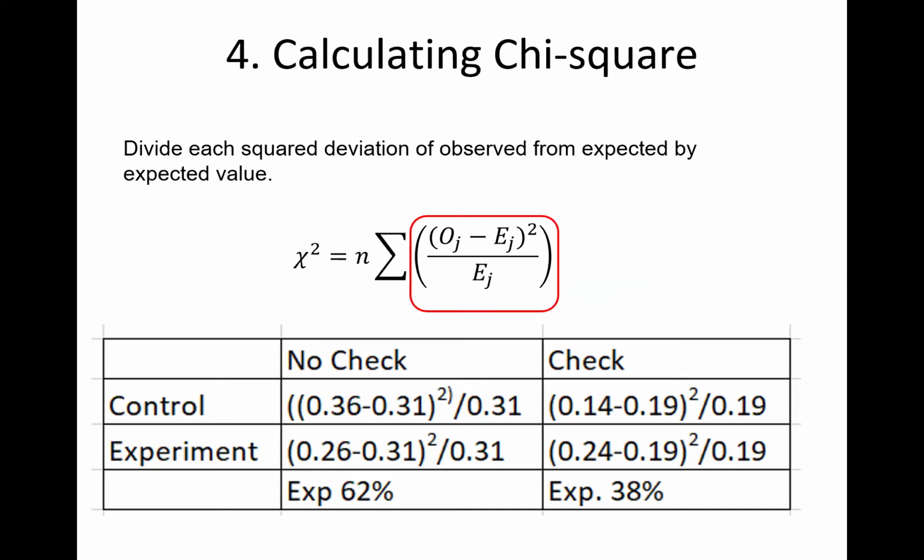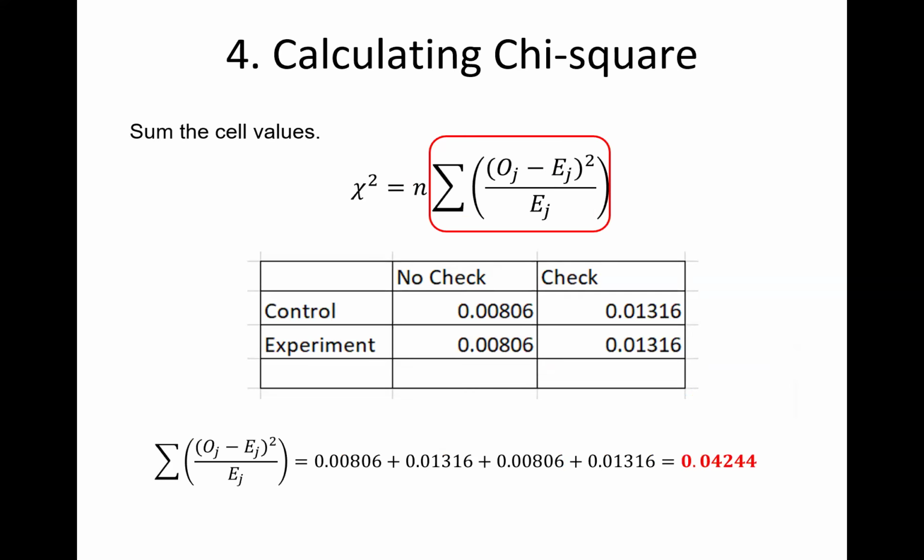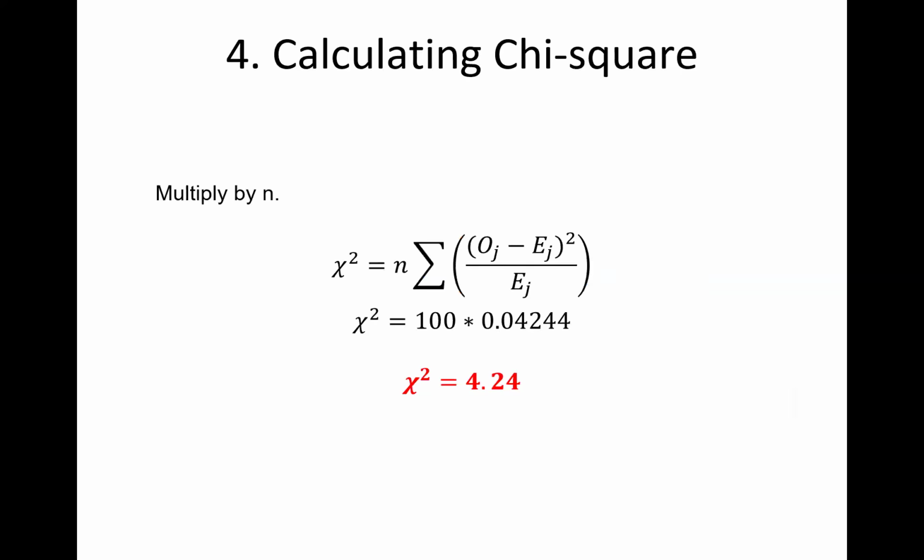So 0.36 minus 0.31 squared divided by 0.31 is 0.00806. You have those four values and you sum them all. The sum of those values is 0.04244, and you multiply by the number of cases, n. So that's 100 times 0.04244. Your chi-square is 4.24.